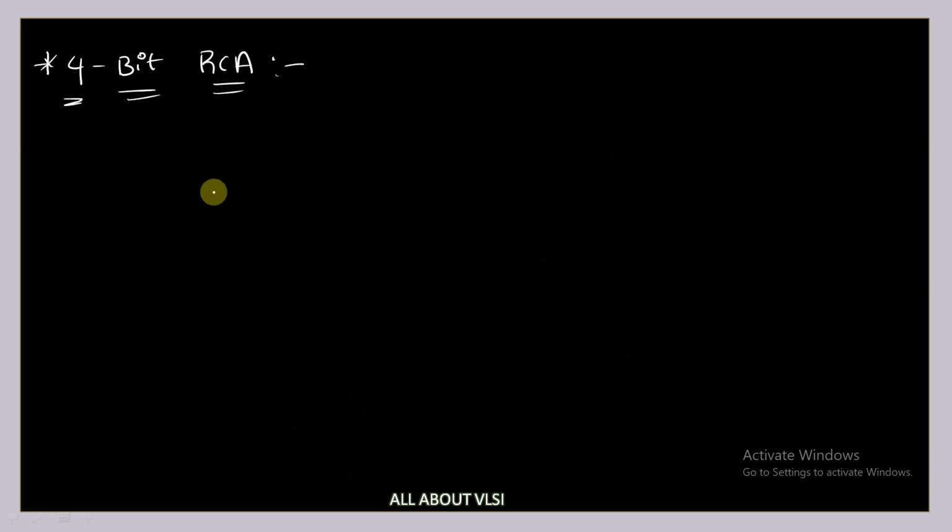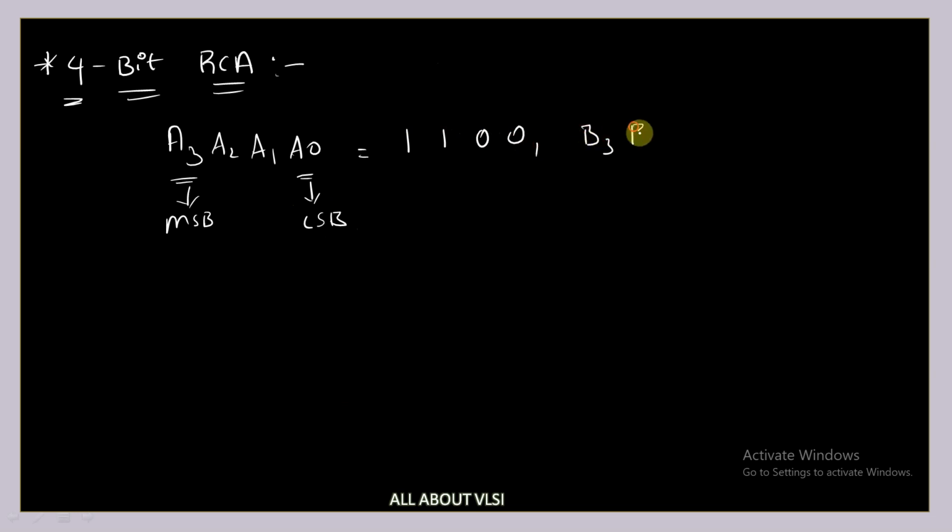I will write it down here: A3, A2, A1, A0, where A3 is our MSB and A0 is our LSB, which is equal to 1100, followed by B3, B2, B1, B0, which we have taken as 0011. This is our MSB and this is our LSB.